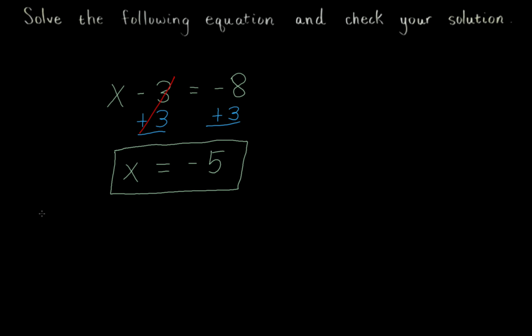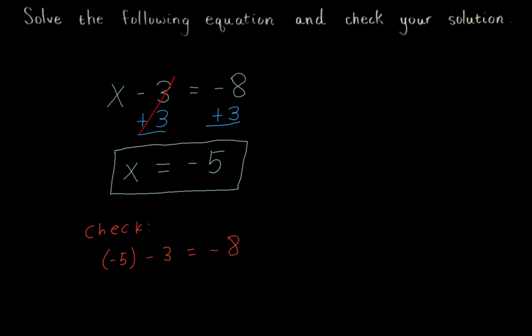And remember, in the previous example, I told you you can check your solution by plugging the value of your variable back in for your variable in your original equation. So if we plug a negative 5 back in for x, we're just going to get negative 5 minus 3 equals negative 8.